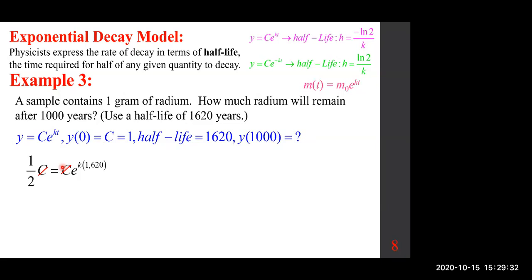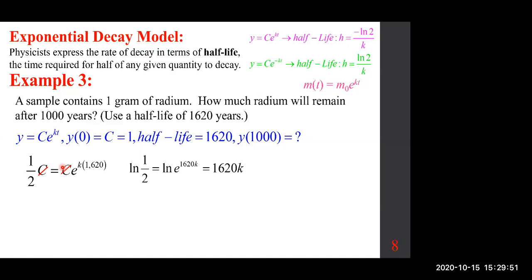Now, look at the right side. The right side is e to the power of something, 1620k. So if you take the natural log of both sides, you practically solve this. Natural log of the left is equal to the natural log of the right.